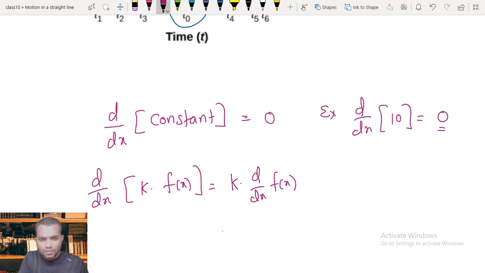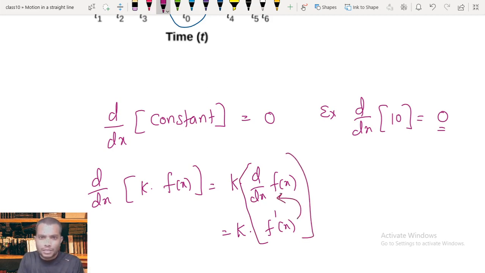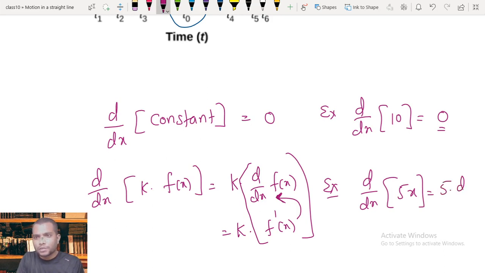In simple terms we can also represent that as k times f dash x, where f dash x is nothing but d by dx of f of x. In short form we write differentiation in terms of f dash x. Suppose we take an example, d by dx of 5x. We can do this as 5 times d by dx of x.